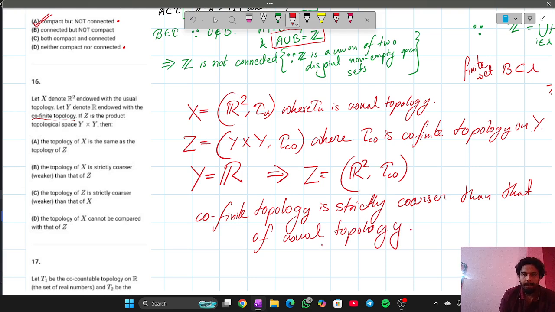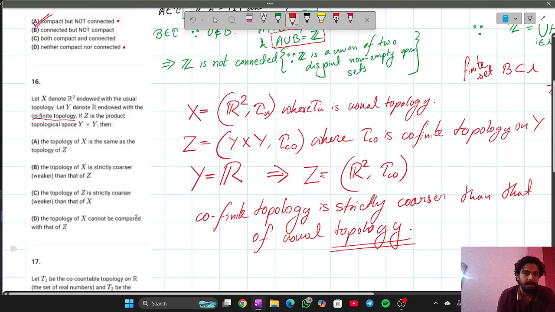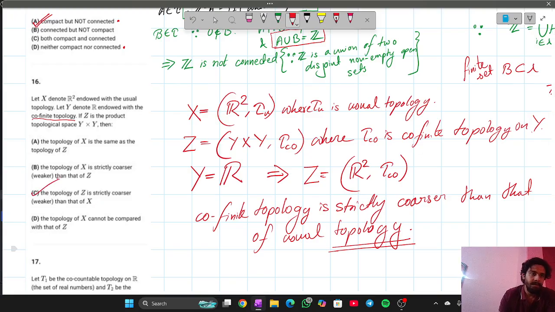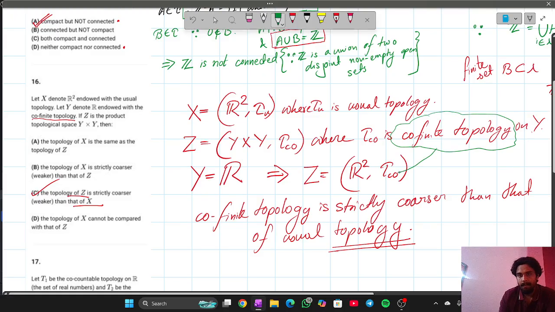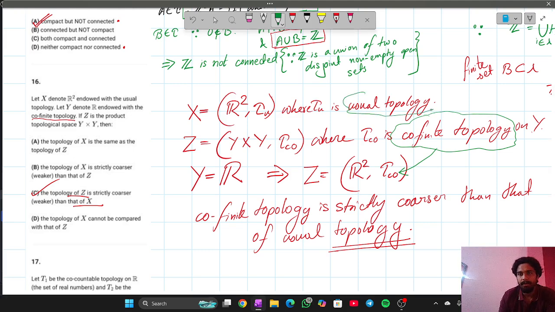Hence we can say that the topology of Z is strictly coarser than that of X. Okay, hence the topology of Z is strictly coarser than that of X, since Z is also R square, but it is of cofinite topology, whereas X is also R square, but TU is usual topology.